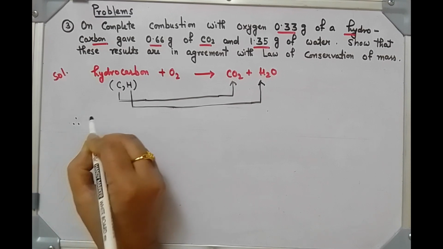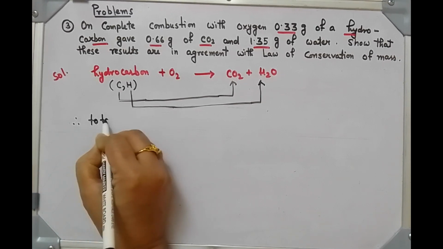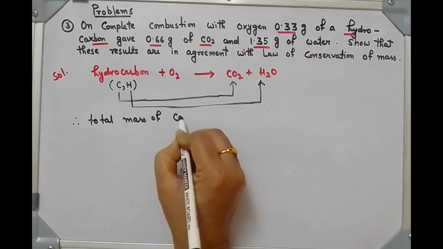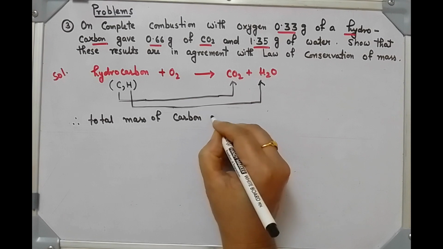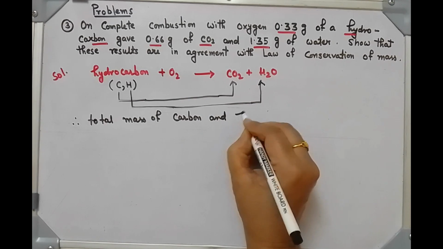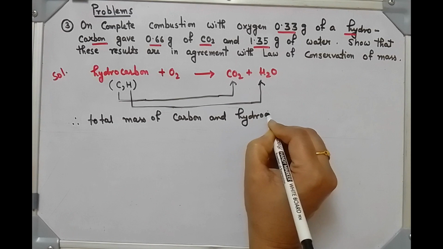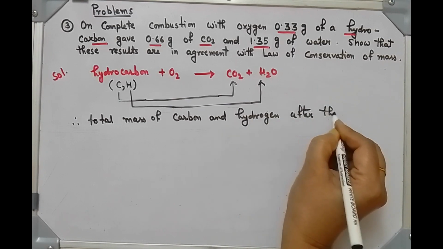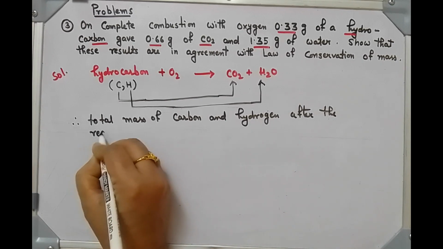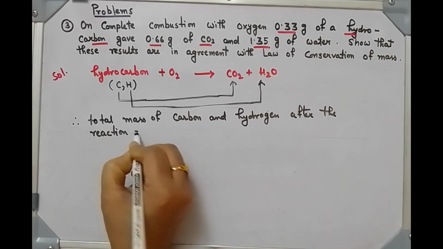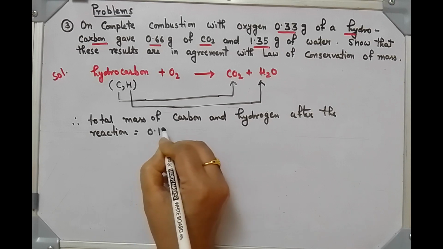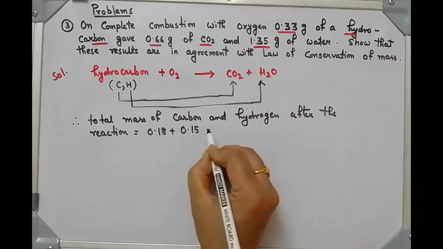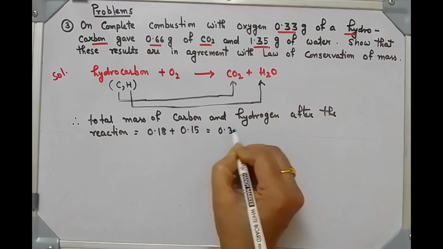Therefore, we can write total mass of carbon and hydrogen after the reaction is 0.18 plus 0.15. If you add these two, it is coming 0.33 gram.